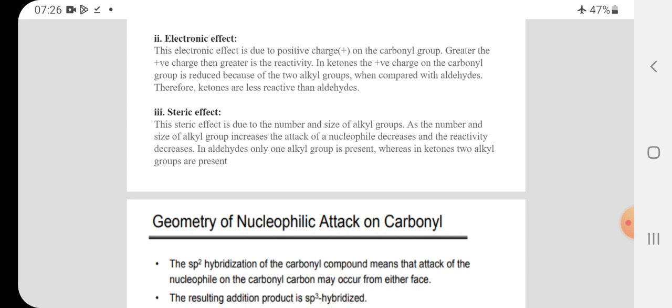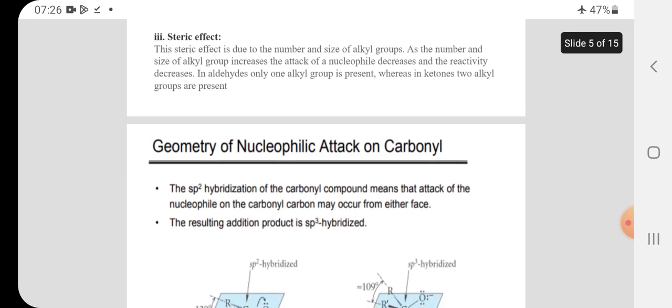And the third point, the steric effect. The steric effect is due to the number or size of the alkyl groups. As the number and size of the alkyl groups increase, the attack of the nucleophile decreases and the reactivity also decreases. Generally, the nucleophile adds to the carbonyl carbon, and where the carbonyl group has a bulkier group or a large number of alkyl groups, the nucleophile does not easily approach the carbonyl carbon.